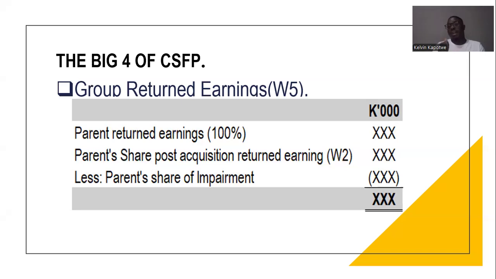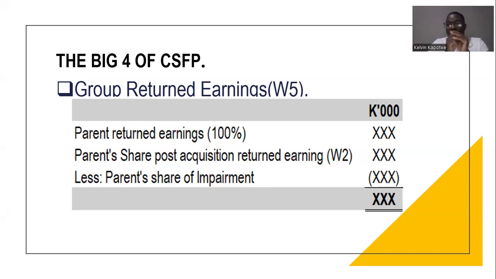The other thing that we have to deal with is the depreciation aspect if the parent transferred those items to the subsidiary. Then the other item that we can deal with here is provision for unrealized profit.